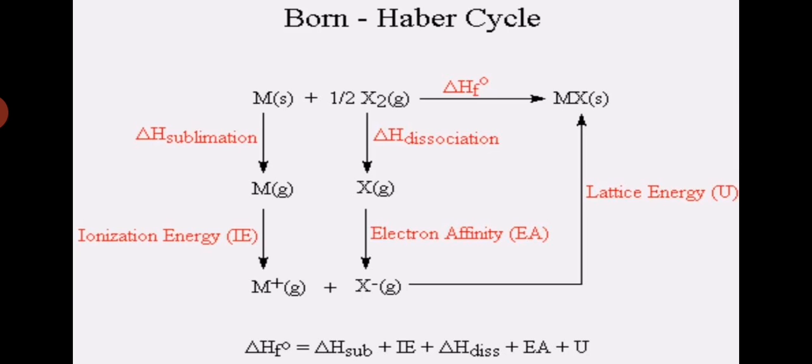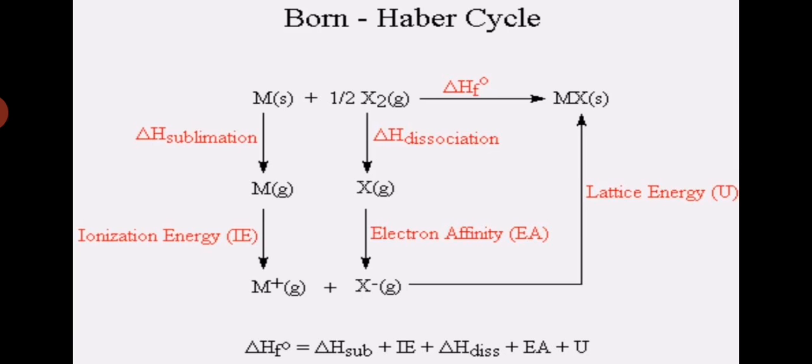The first step is sublimation, which gives us M gaseous. M gaseous undergoes ionization energy in the second step, giving M plus, the cation in the gaseous phase. Then X2 undergoes dissociation energy, giving us X gaseous.